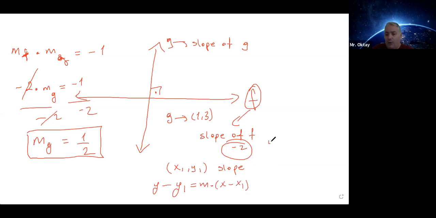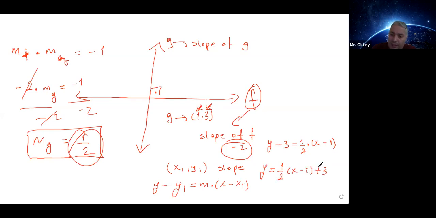What is y1? This is the point through which the line passes. What is the slope? We calculated 1 over 2. What is x1? Again, the point which the line passes through. This is now y minus 3 equals 1 over 2 times x minus 1, plus 3.